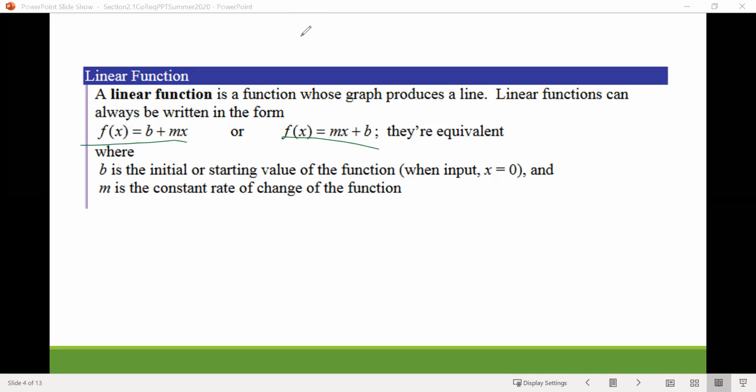Now, I do want to caution you, and I've said this before, that the only variables out there are not just x and y or x and f of x, right? So here it says f of x equals mx plus b, but like if you were looking at the one we just looked at, instead of f of x, we had w, and instead of x, we had t, but there was still an m value and a b value, okay?